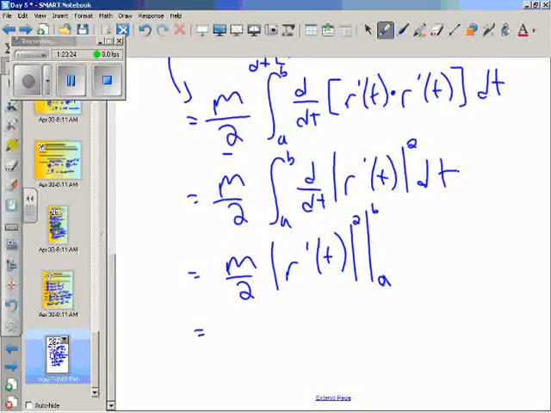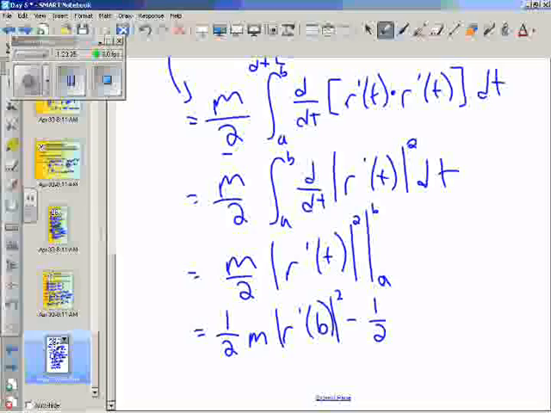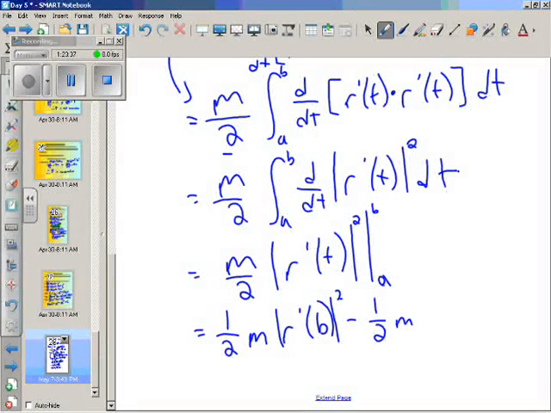Which looks like 1/2 m times the magnitude of r prime of b squared minus 1/2 m times the magnitude of r prime of a squared.